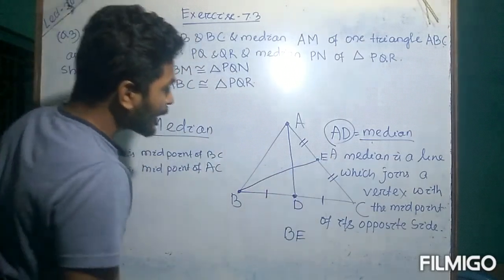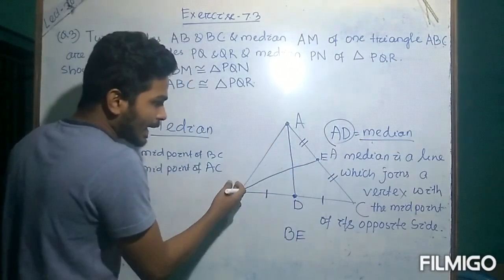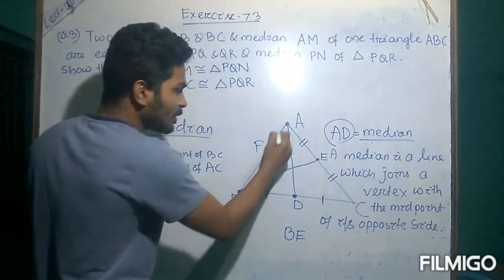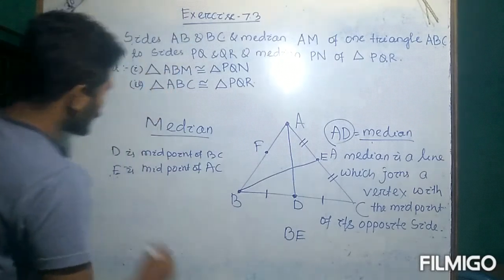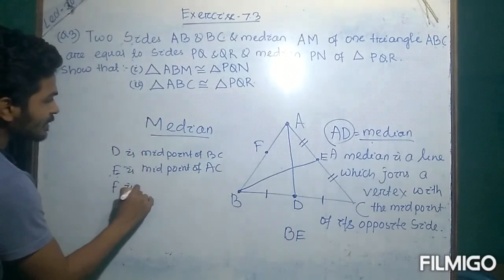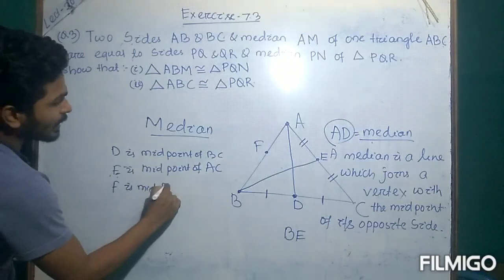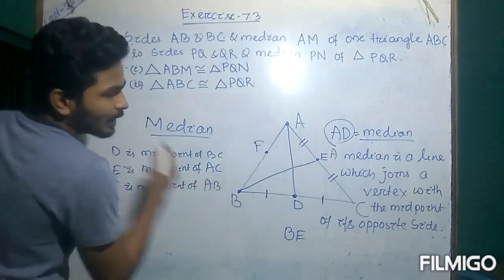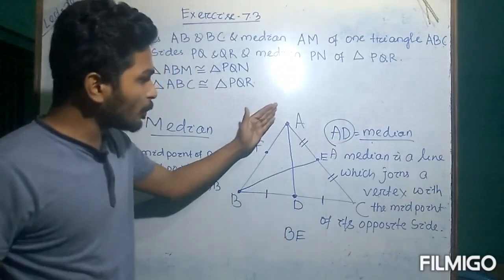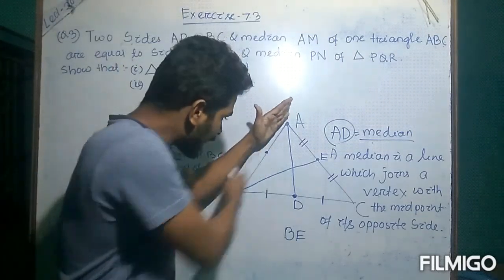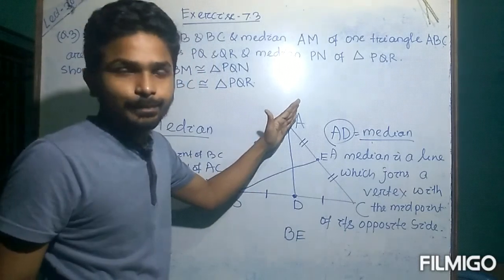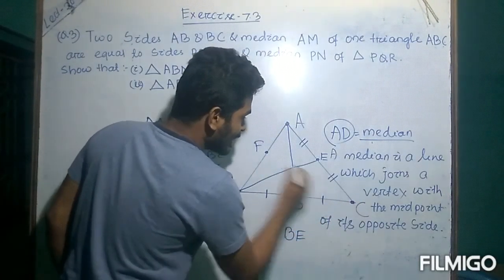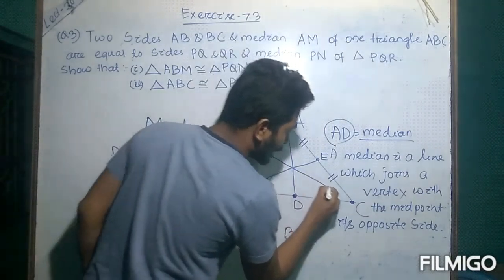Next, suppose AB is a side and F is the midpoint of AB. Now we find the opposite vertex of this side AB. C is the opposite vertex. Now join this vertex C with the midpoint of AB.